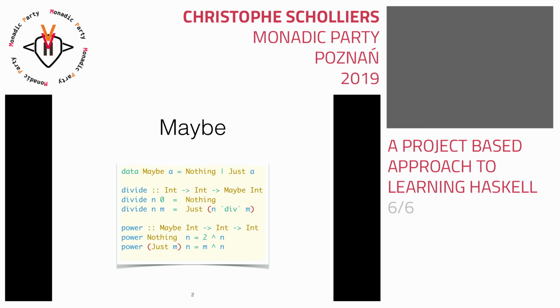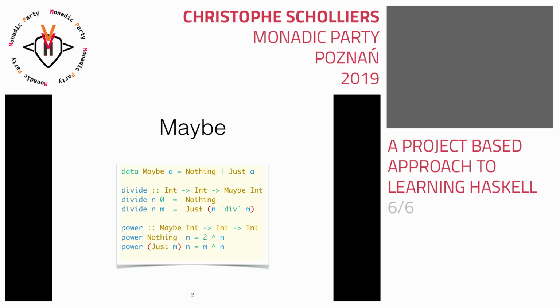Because Nothing is a Maybe something, and in this case it can derive that it's a Maybe Int. In the other case, if it's not 0, we can just use the div of Haskell itself, and we can return Just n div m. Everybody's following?